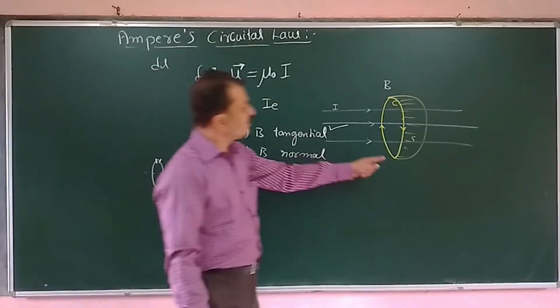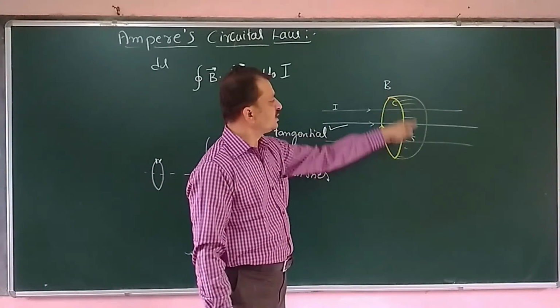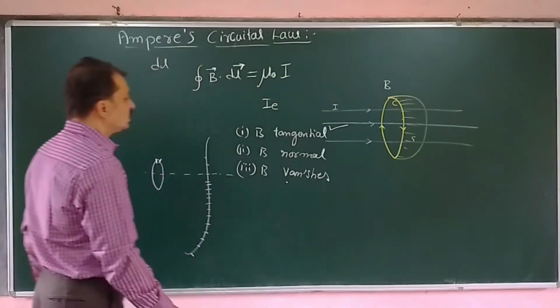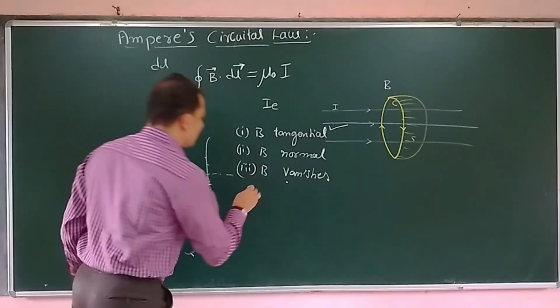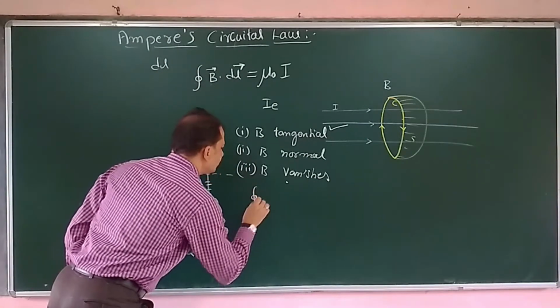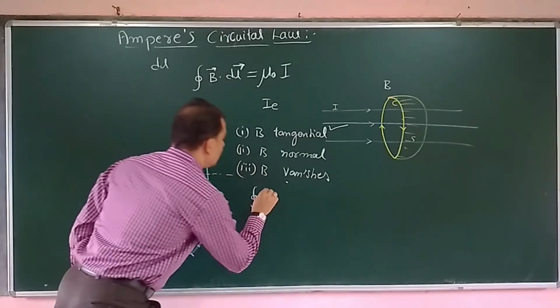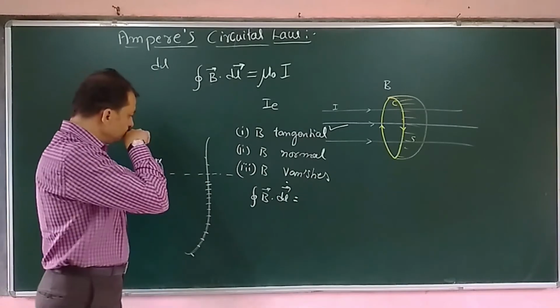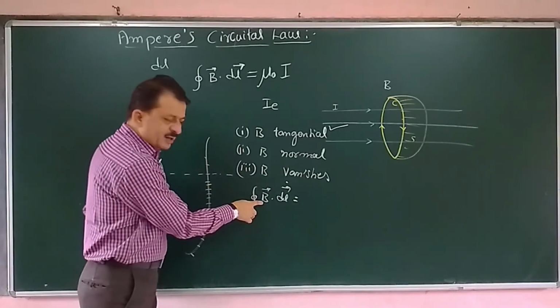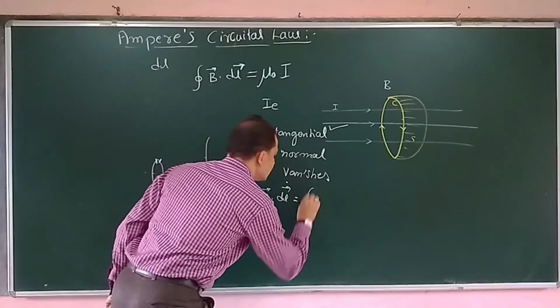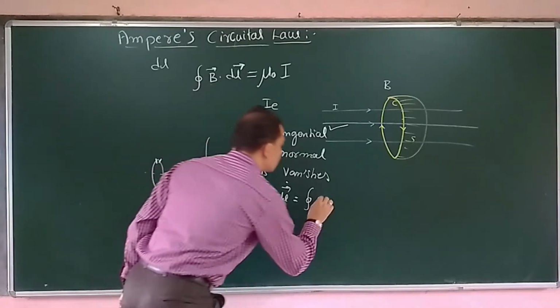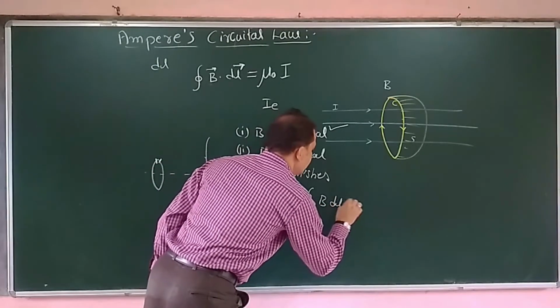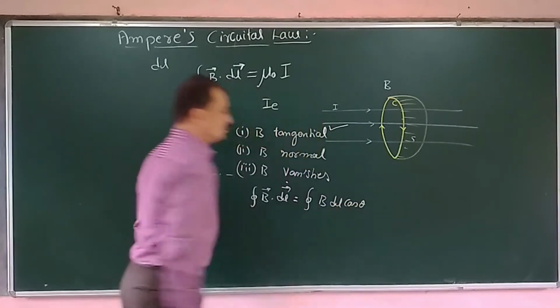Now in this case, if the field is tangential in this diagram, applying this Ampere circuital law, the integral of B dot dl is equal to, look here, the magnetic field is constant. Since it is a dot product, it is the integral of B into dl cos theta.